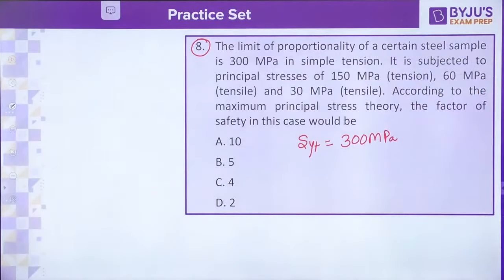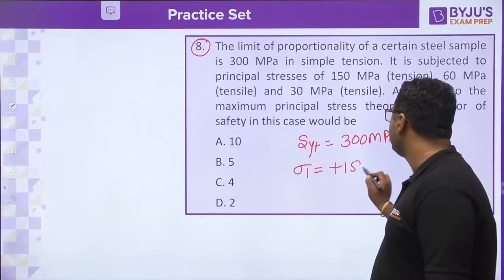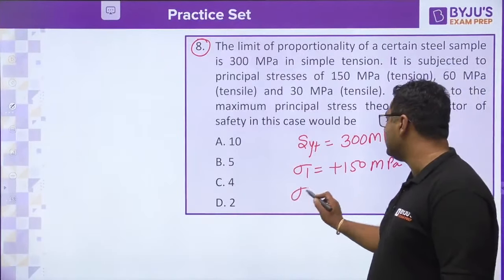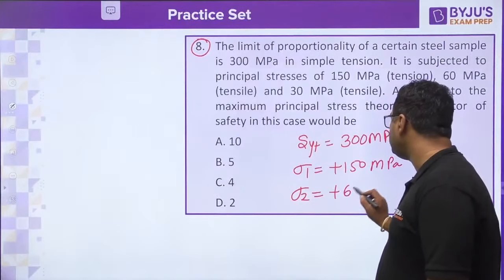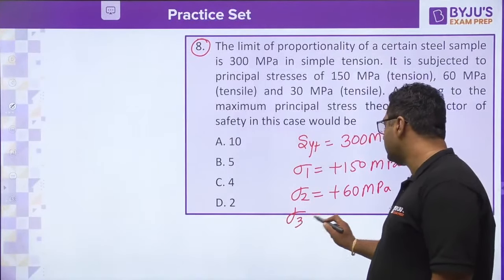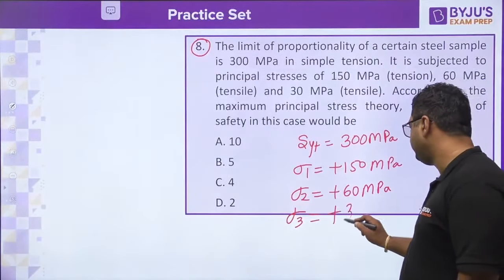In a simple tension, it is subjected to principal stresses: sigma 1 is 150 MPa, sigma 2 is 60 MPa tensile, and sigma 3 is 30 MPa.